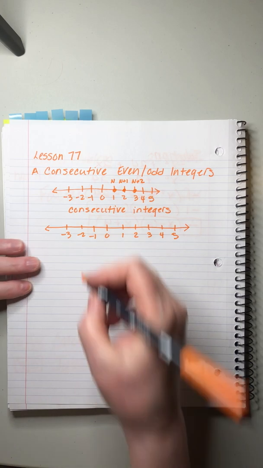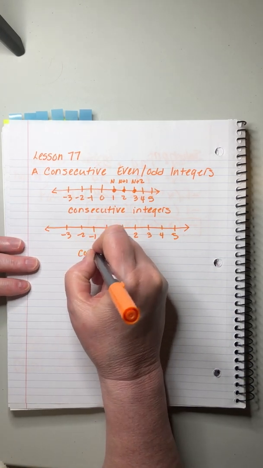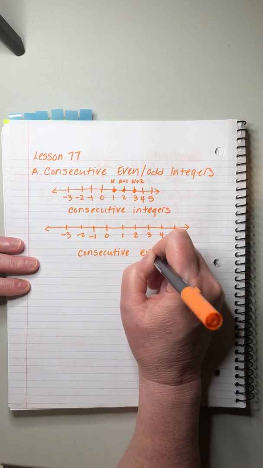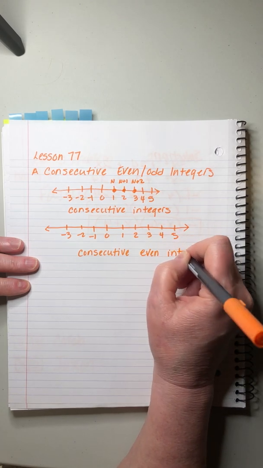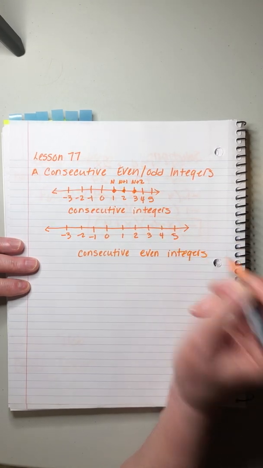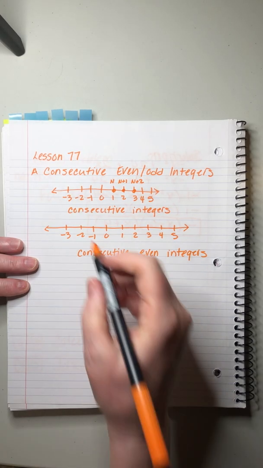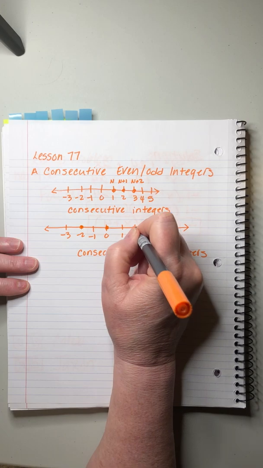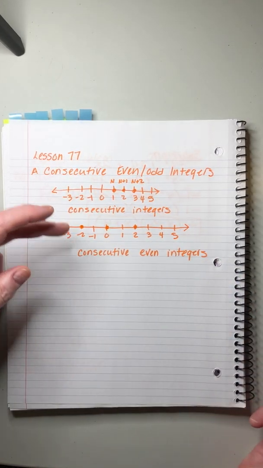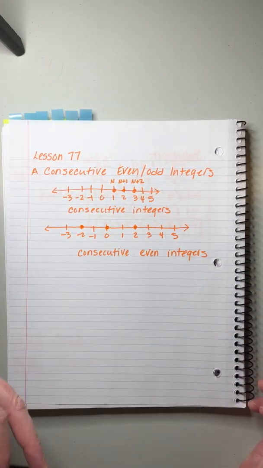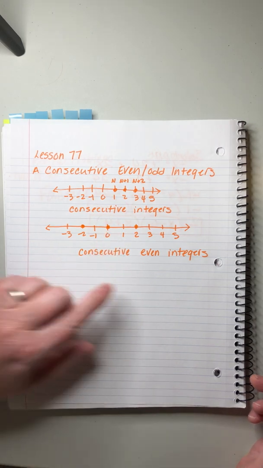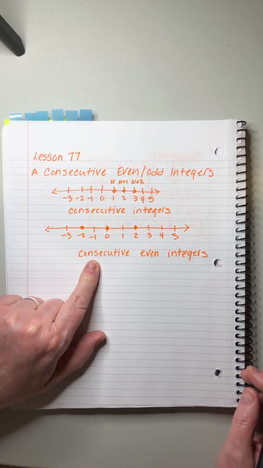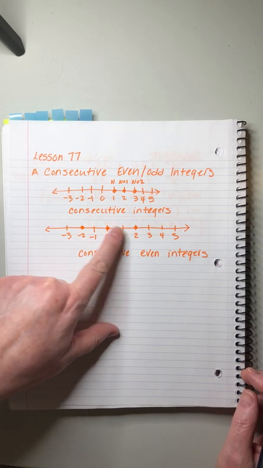What about consecutive even integers? That might look something like this. What about -2, 0, and 2? Those would be three consecutive even integers. They're even numbers, not decimals or fractions, and they're in a row. We didn't skip over any, right?